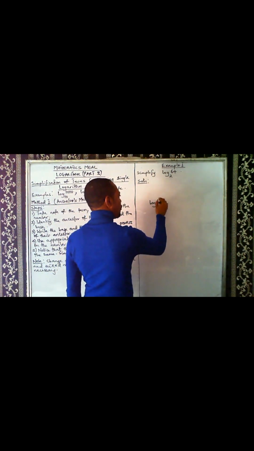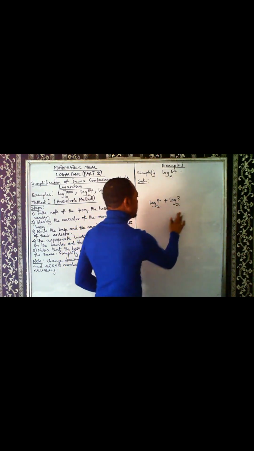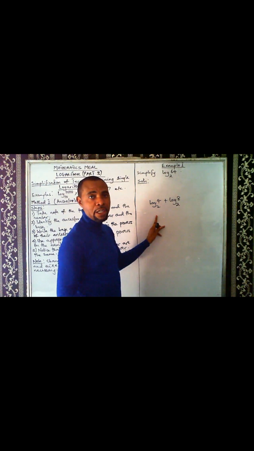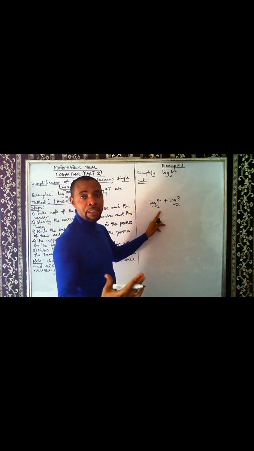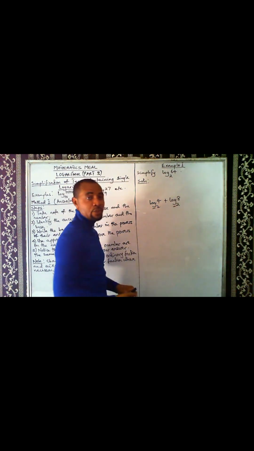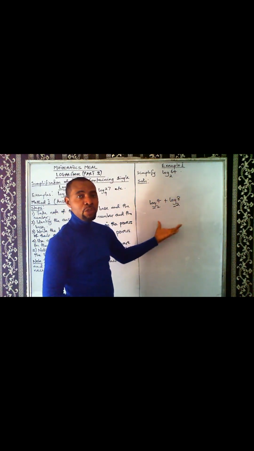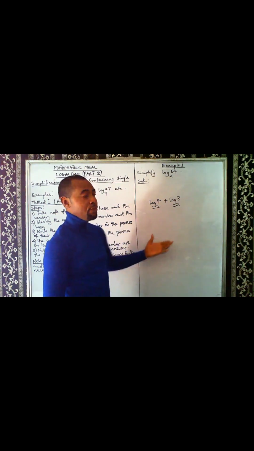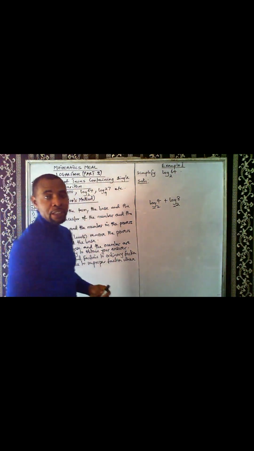So if I have a term like log 4 in base 2 plus log 8 in base 2, this particular expression does not contain single logarithm, because we have a logarithm here, and we have a logarithm here. So this one contains multiple logarithms, and the method we use in simplifying this is different from what we use in simplifying terms that contain single logarithms.